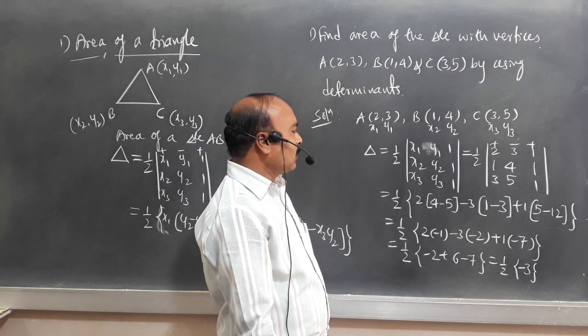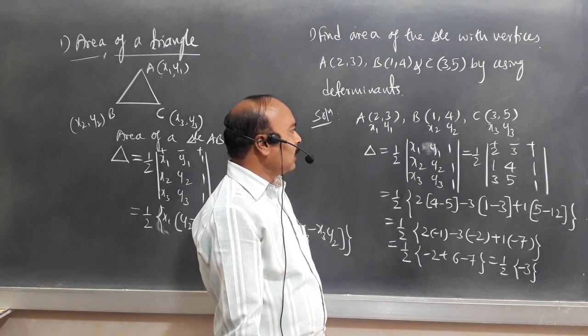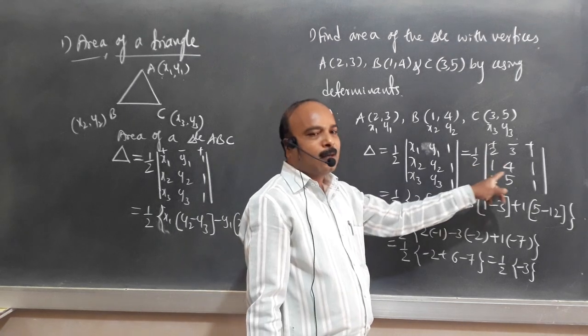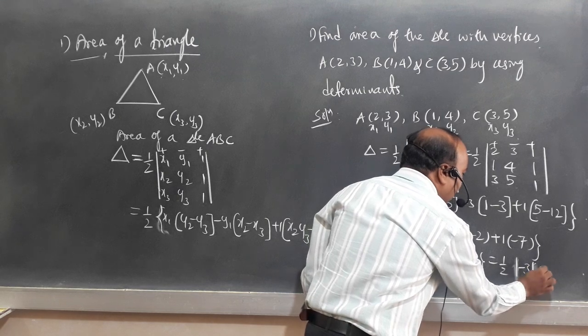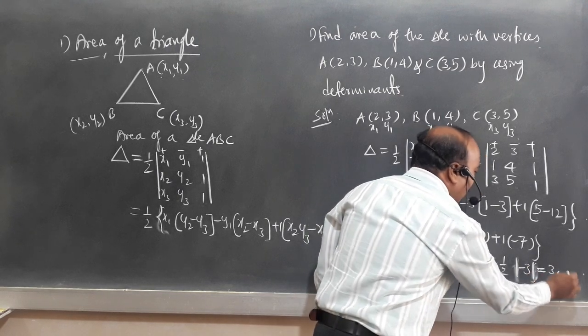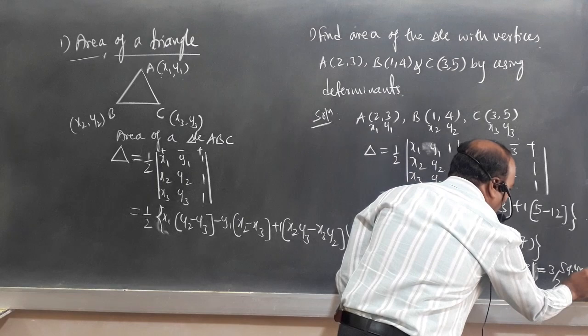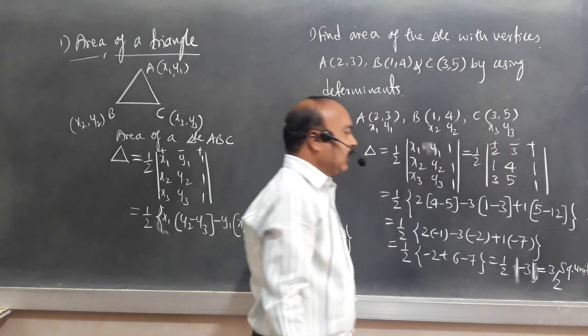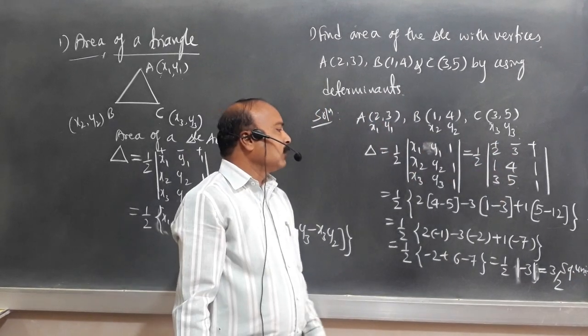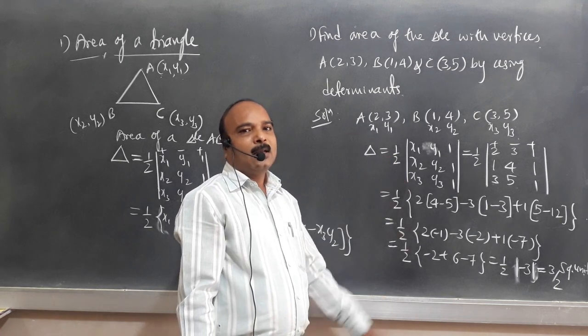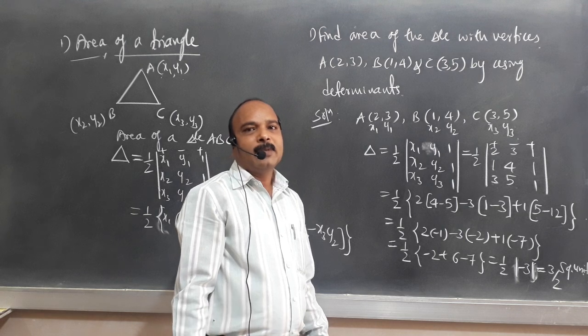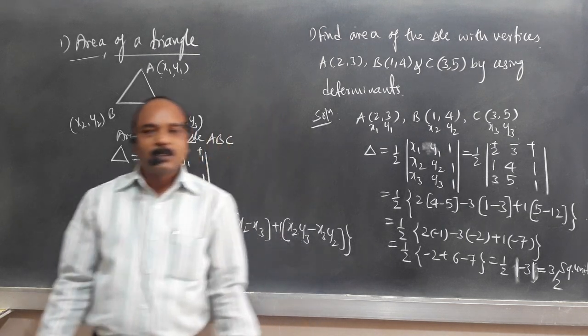We get minus 3 by 2, but the area of the triangle is always the modulus value of this determinant. For that we consider the modulus value of this one. Then we get 3 by 2 square units. Therefore the area of the triangle is equal to 3 by 2 square units. It is the area of the triangle by using the determinant value. Write the solution.